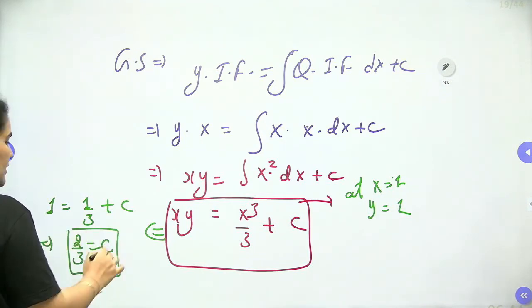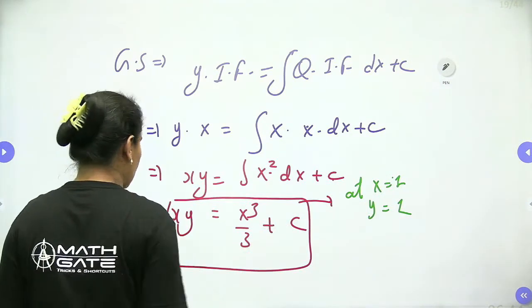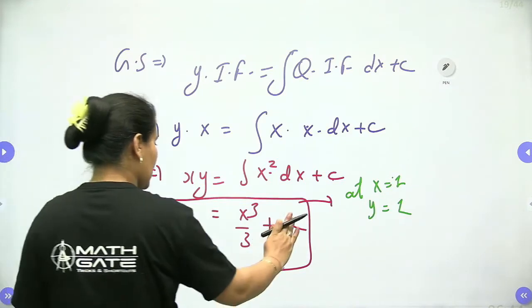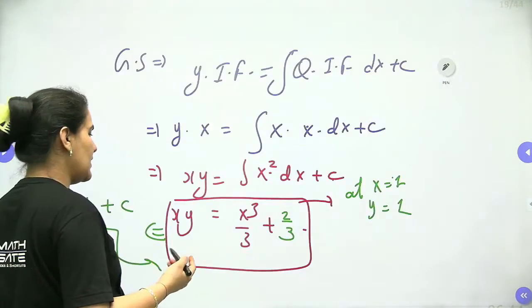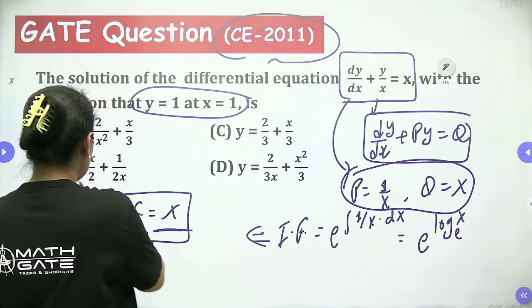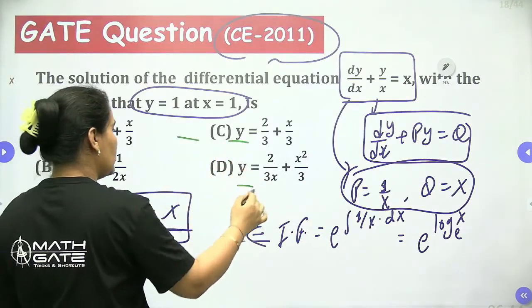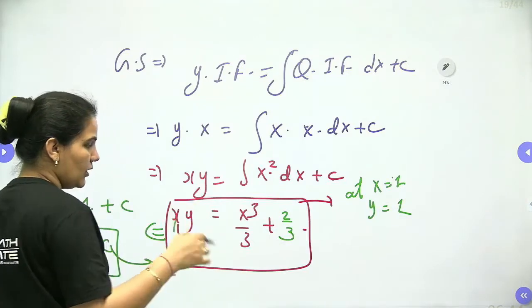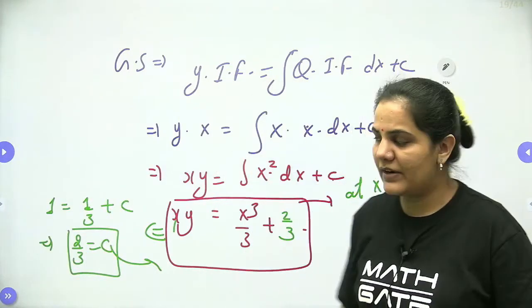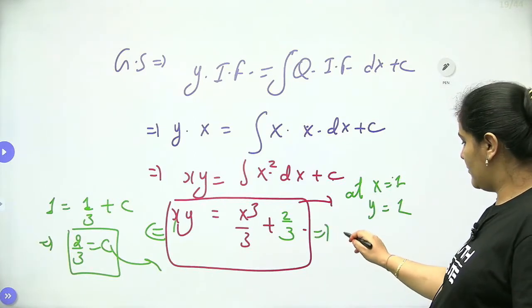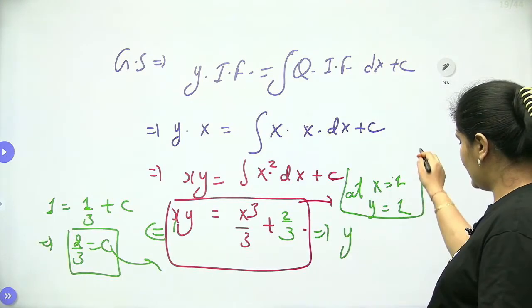Yes, exactly. So you can put the value at the place of c. It will be 2 by 3, my dear students. Let me put here 2 by 3. The answer is exactly talking about y only, so we have to remove x from here. When we remove x, we will definitely get the answer. Removing x means we have to divide by x.